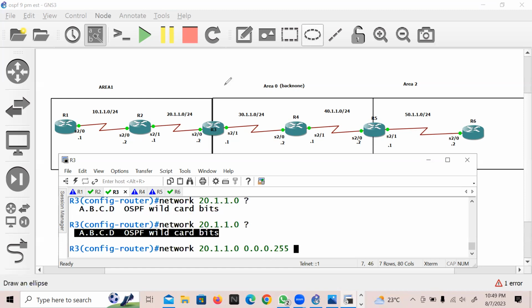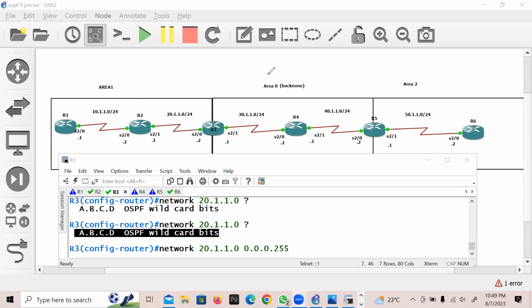This router is half in this area and half in that area. Right now I am configuring 20, so that means it is in area 1. So I will put area 1 here.